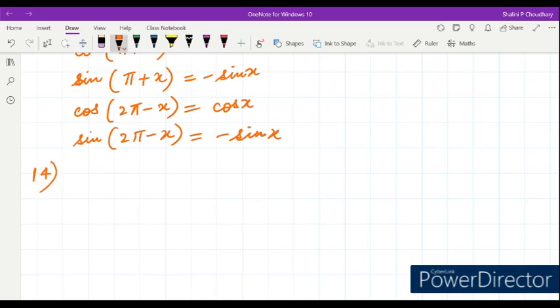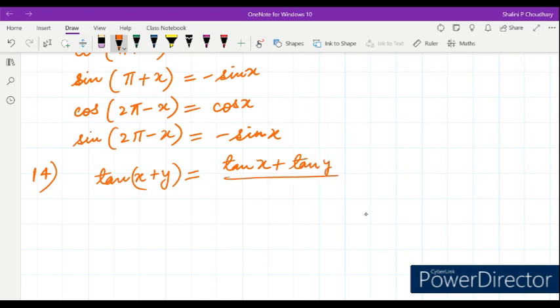Okay, so tan, next is tan x plus y. So sin x cos x we have done. Tan x plus y will be tan x plus tan y divided by 1 minus tan x tan y.